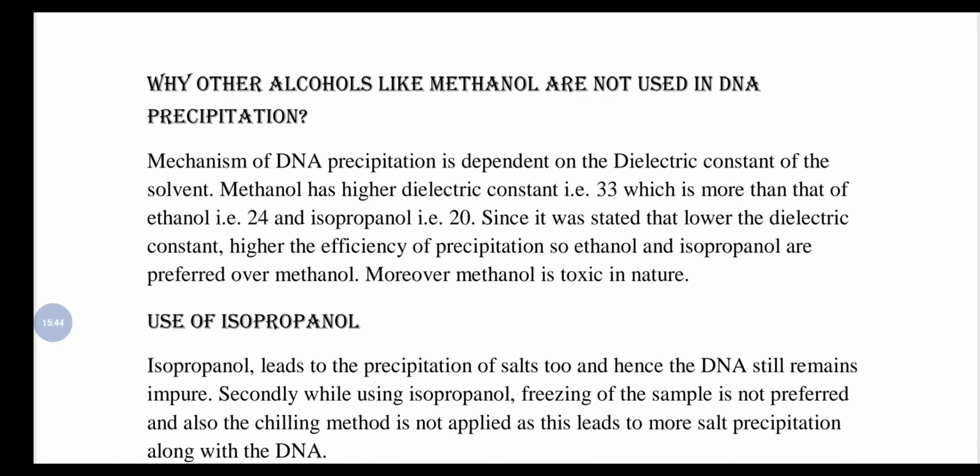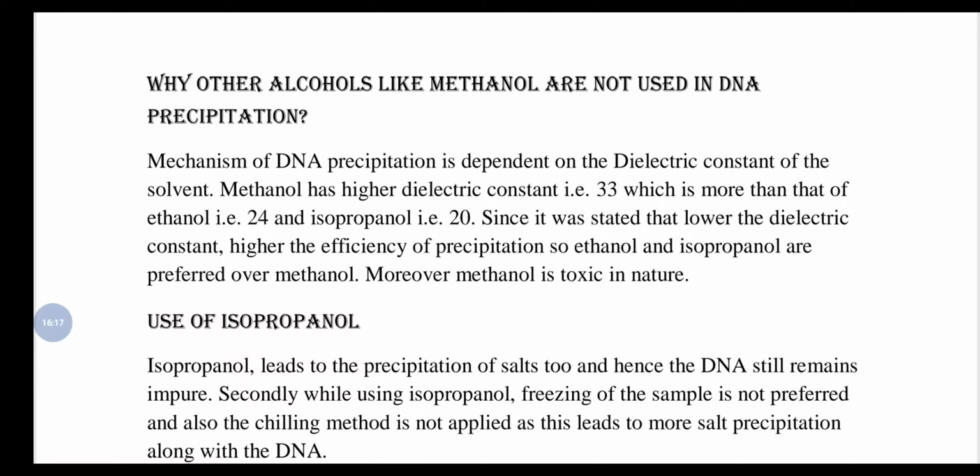Ultimately precipitation won't occur. So if we compare the dielectric constant of ethanol, isopropanol and methanol, we will see that methanol has a higher dielectric constant than ethanol and isopropanol. The dielectric constant of methanol is around 33, so it is not preferable for the precipitation of DNA.